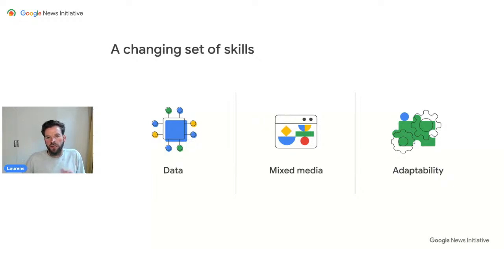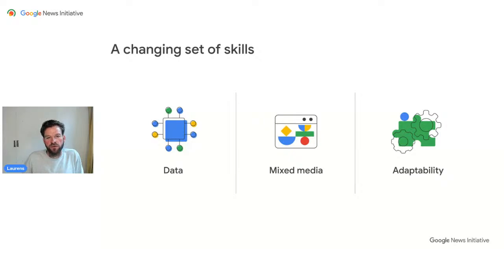So they have to be more data literate in a way, to understand what data means. It could be analytics, it could be trends, it could be other, maybe market research, audience research, all these kinds of data you might need to take into account in order to establish the newsroom of the future. So there need to be data skilled people working there, not just on the commercial side, but also on the editorial side.